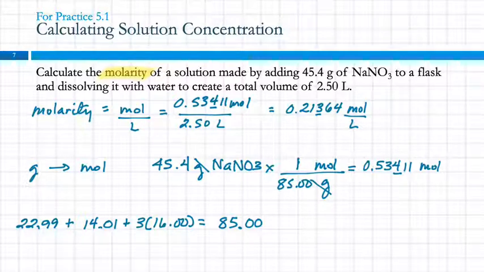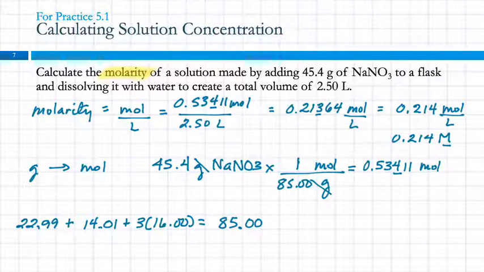The units just sit there, moles per liter. 3 sig figs, 3 sig figs, 3 sig figs. And then I'm going to round it. And so this is 0.214 moles per liter. Or I can call that 0.214 capital M.